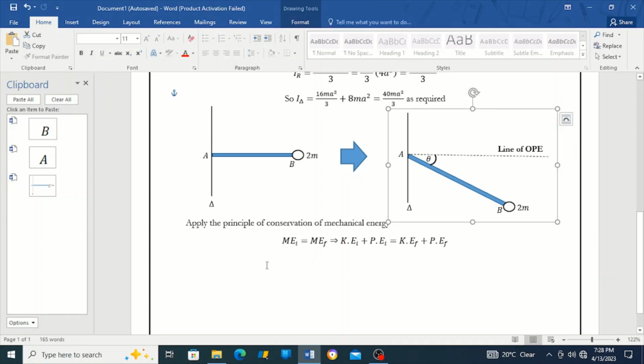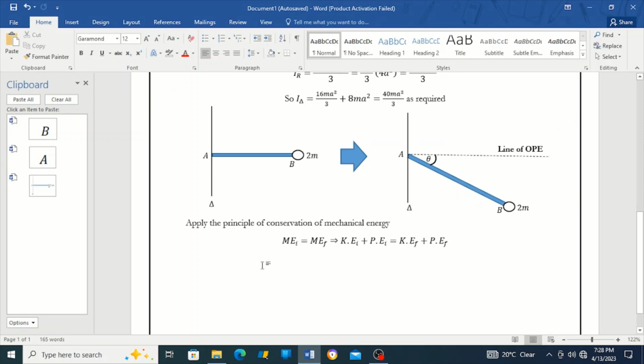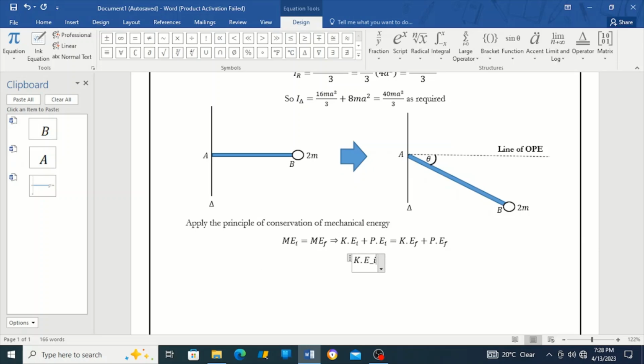Now having this in mind, it means that the initial kinetic energy of the system is equal to 0, because the system was at rest, because kinetic energy is half mv squared. So the initial kinetic energy of the system is actually the sum of the initial kinetic energy of the rod and the initial kinetic energy of the particle.